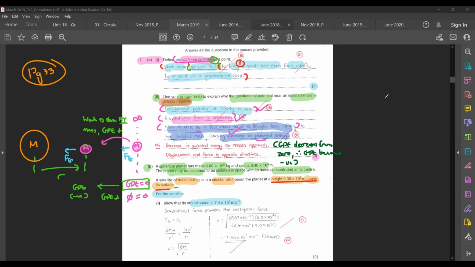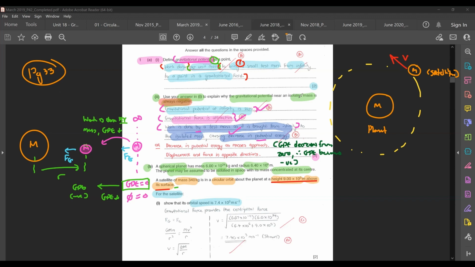So if you had a planet here, and then you had a satellite here that is trying to move in circular orbit about the planet itself, like this, we know that it has a certain linear speed v. We are talking about the linear speed because you see it's in meter per second.